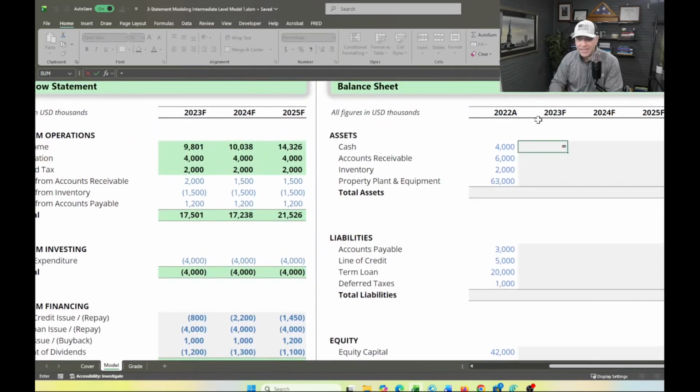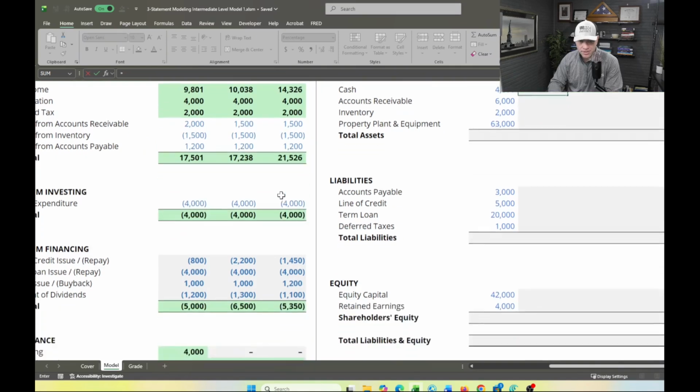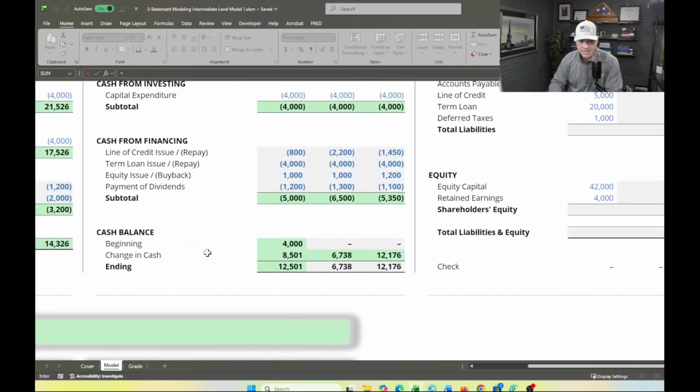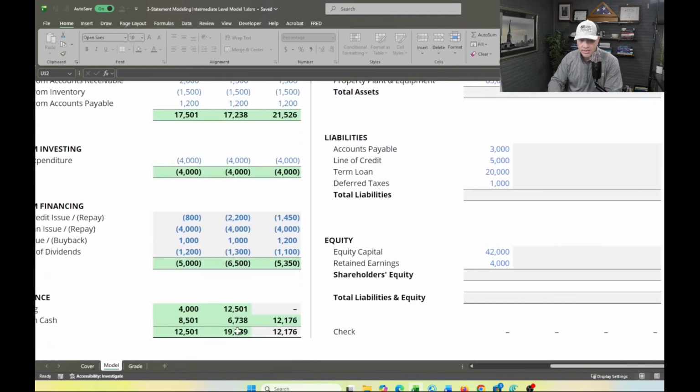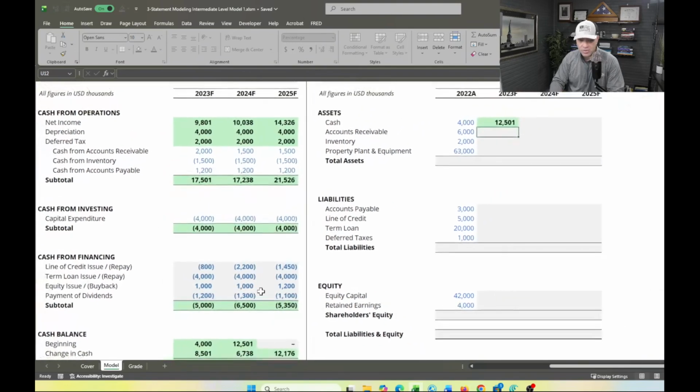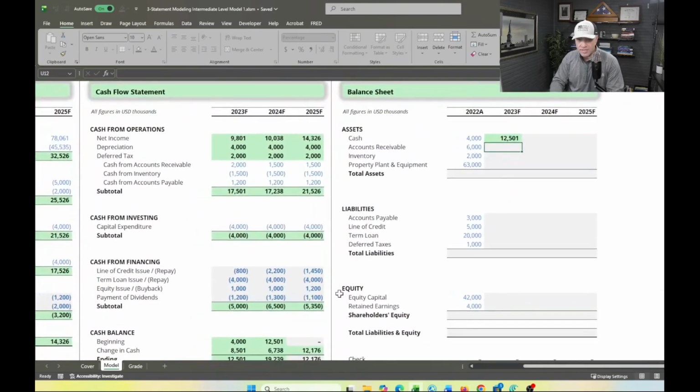The ending balance of 2023 is right here. The cash balances is where we find the ending balance on the balance sheet. I'm going to select this cell, and we'll see it all of a sudden start lighting up green. See how that lit up green? That's correct. I'm going to scroll out a little bit so you can see this work.